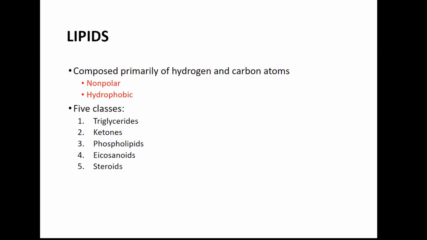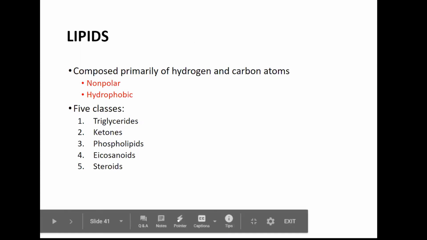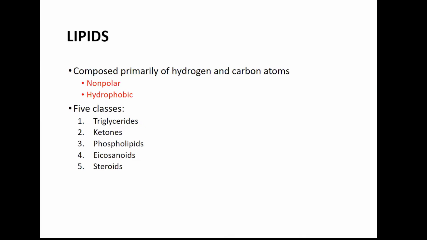We do have different kinds of lipids though, so that's not always true for every single kind of lipid. That's a generalization. What's not a generalization is that we are always going to see these carbon and hydrogen atoms. We have 5 basic classes of lipids: triglycerides, ketones, phospholipids, eicosanoids, and steroids.